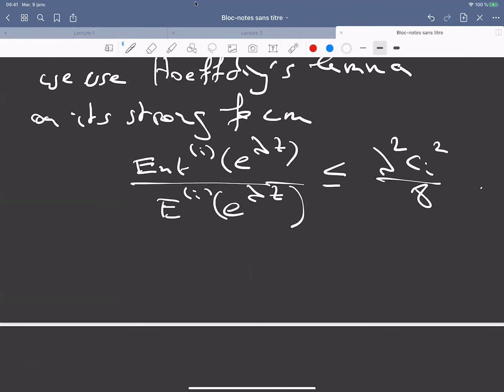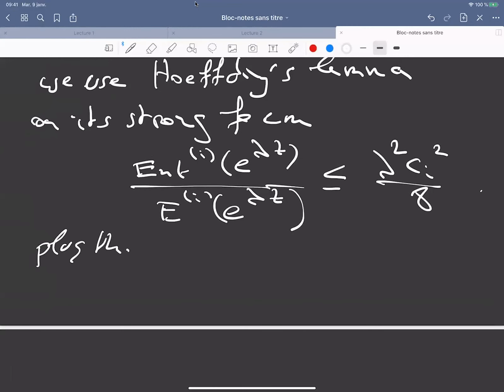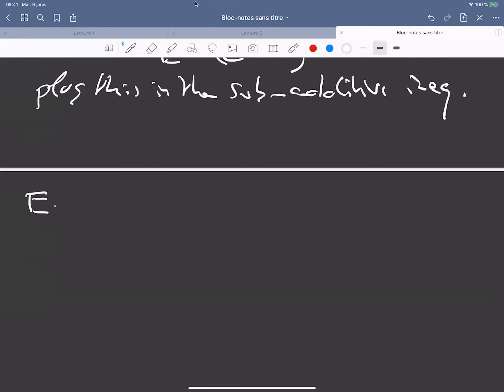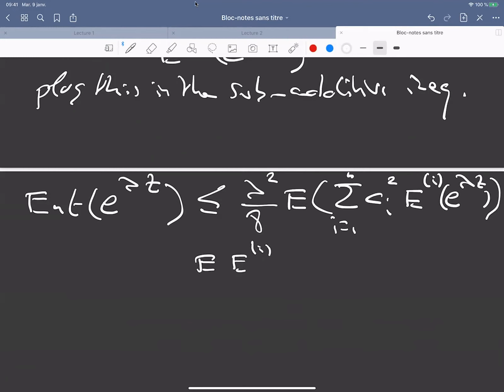And if we plug this into the subadditive inequality, then what we get is that the entropy of exponential of lambda Z is less than lambda square over 8 of the expectation of the sum of the Ci square times the conditional expectation of exponential lambda Z. And now, of course, expectation of a conditional expectation makes expectation.